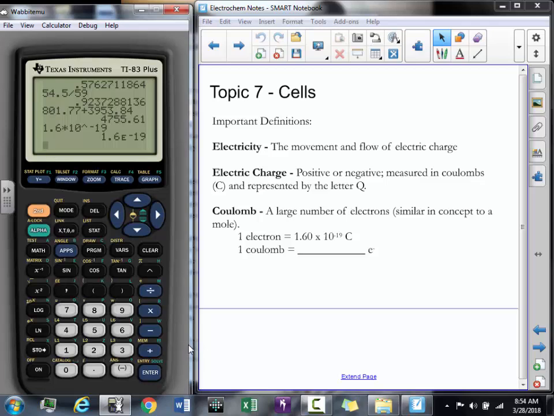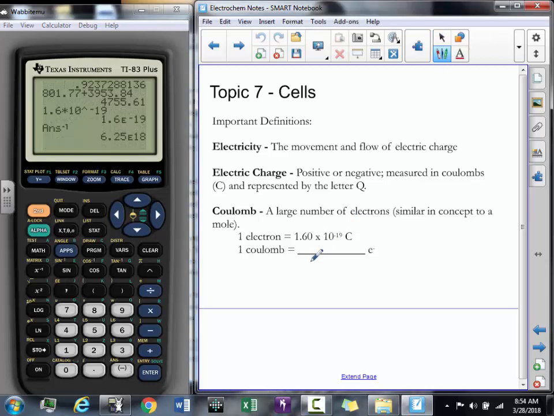If I wanted to then figure out how many electrons are in a coulomb to make up one full coulomb, if I take the reciprocal of this number right here, if you want to write this in, there are 6.25 times 10 to the 18 electrons in a coulomb. So similar to how a mole is 6.02 times 10 to the 23 atoms in a mole, there are this many electrons in one coulomb.